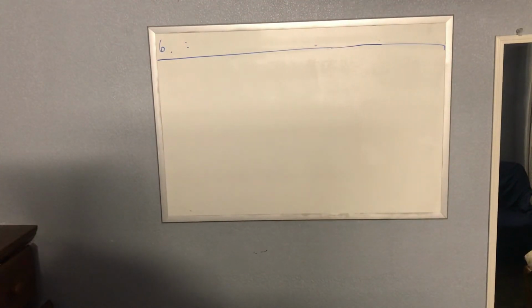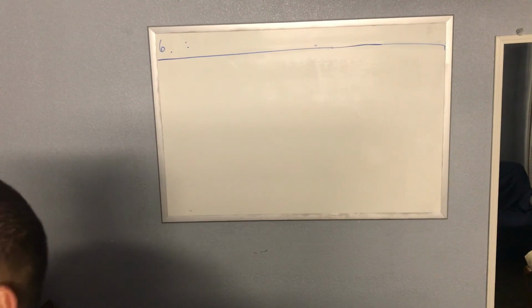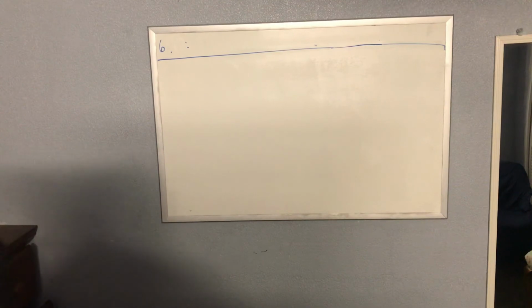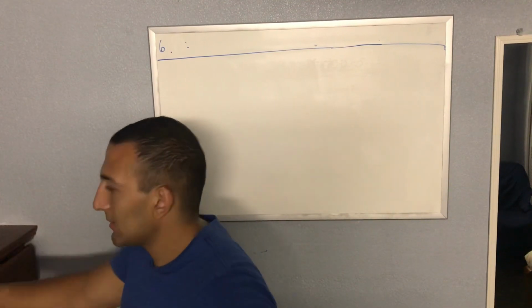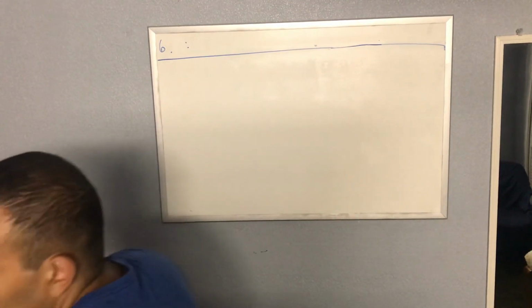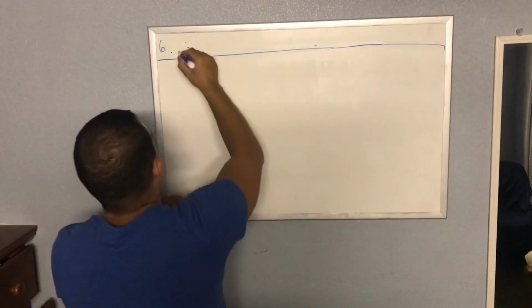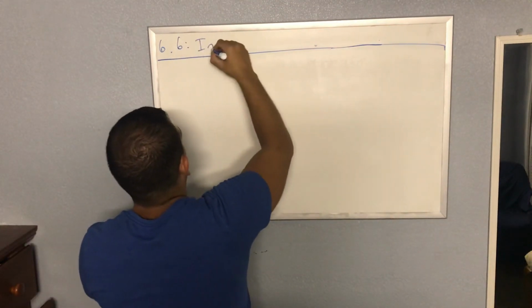Let me just make sure. And we jump to 6.6, if I'm not mistaken. Yes, 6.5 is more of an application, but we're going to jump straight into 6.6, which is about inverse trigonometric functions.